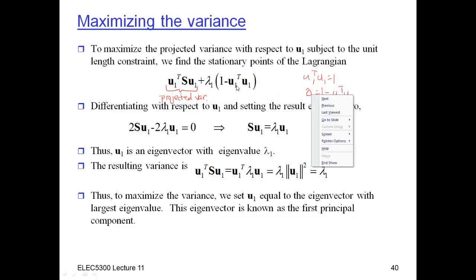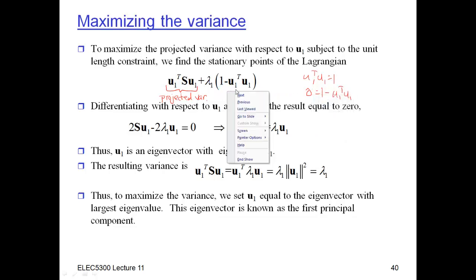And so I'm going to take my constraint here and add it into this function here by a Lagrange multiplier, lambda 1, and I have to differentiate this with respect to U1 and differentiate it with respect to lambda 1 and set the whole thing equal to 0.